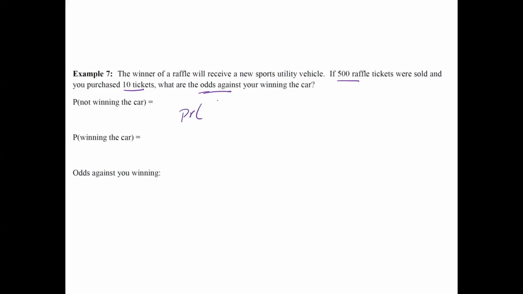So if you're looking for the odds of you actually winning the car, it is going to be the probability of you winning the car versus the probability of you not winning the car.